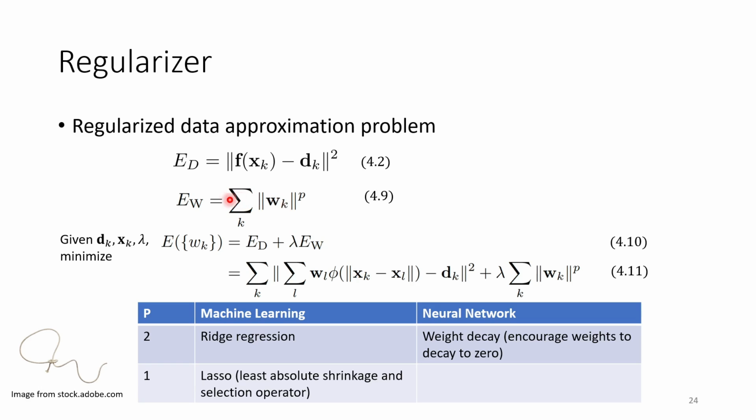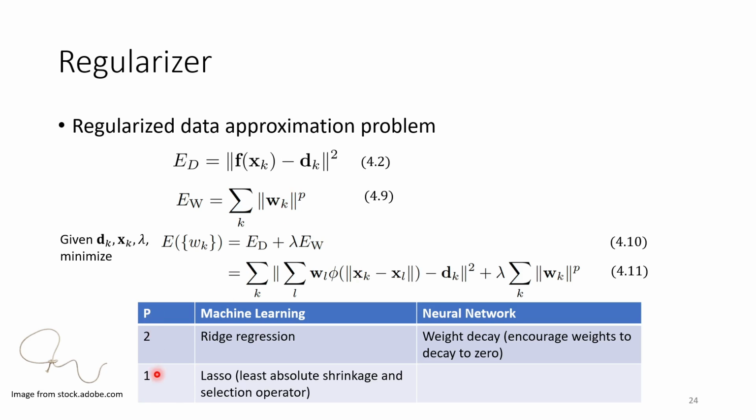For different cases, if we set it as a square term, it is called ridge regression in machine learning courses. In the neural network community, it has another name: weight decay, because the term encourages those weights to decay to 0.